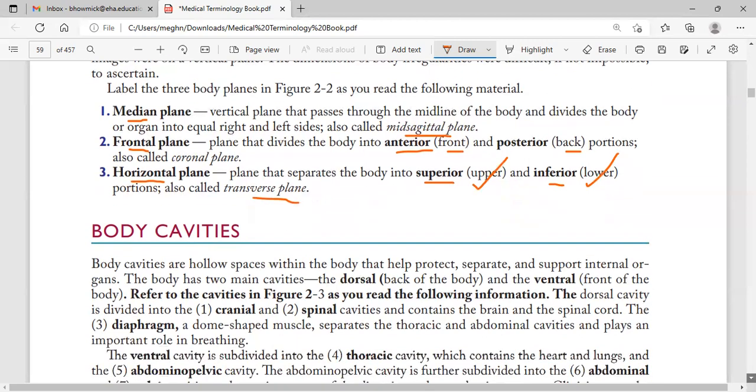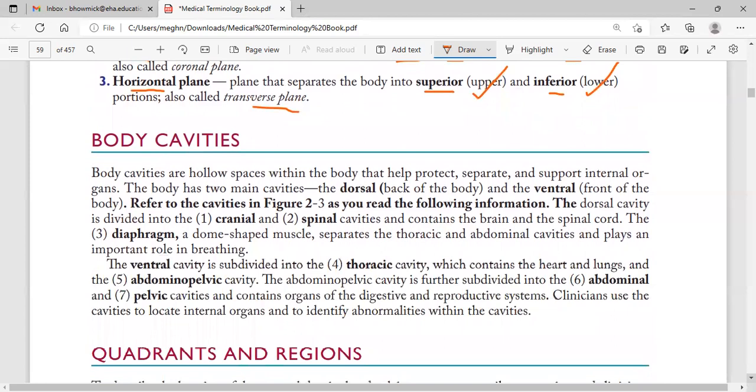Next are body cavities. Body cavities are hollow spaces within the body that help protect, separate, and support the internal organs. The body has two main cavities.